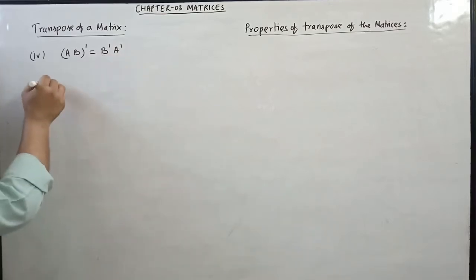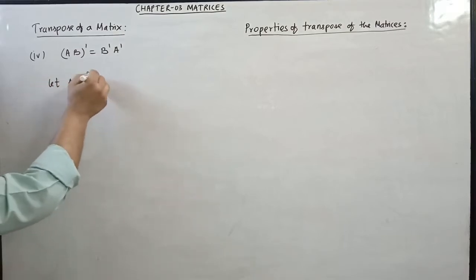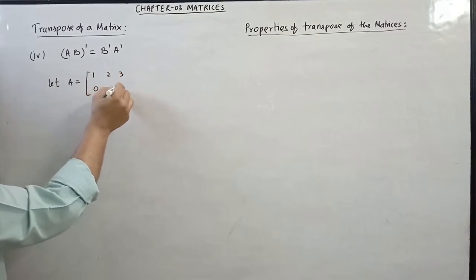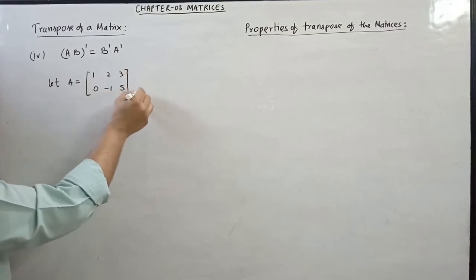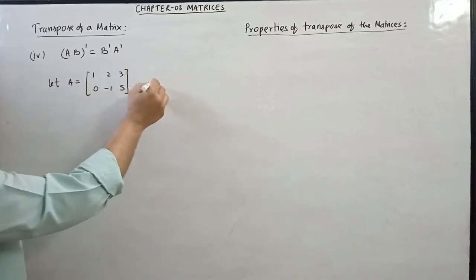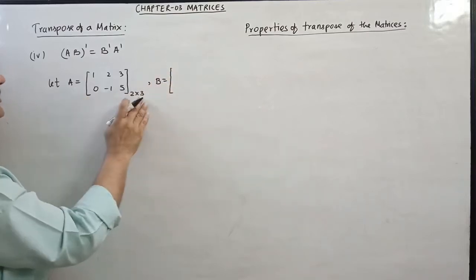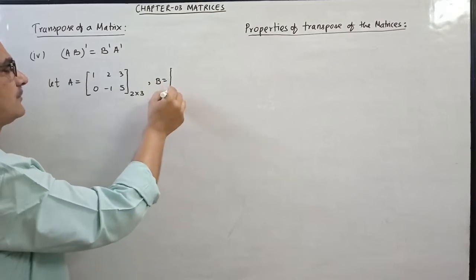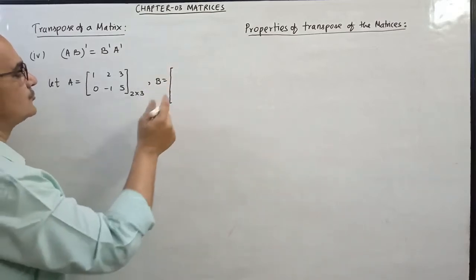Okay, so let matrix A be 1, 2, 3, 0, minus 1 and 5. So the order of this matrix is 2 by 3. You know, the multiplication is defined only when the column of matrix A is equal to the number of rows of matrix B. So we have to take a matrix B here in which we have the 3 rows.